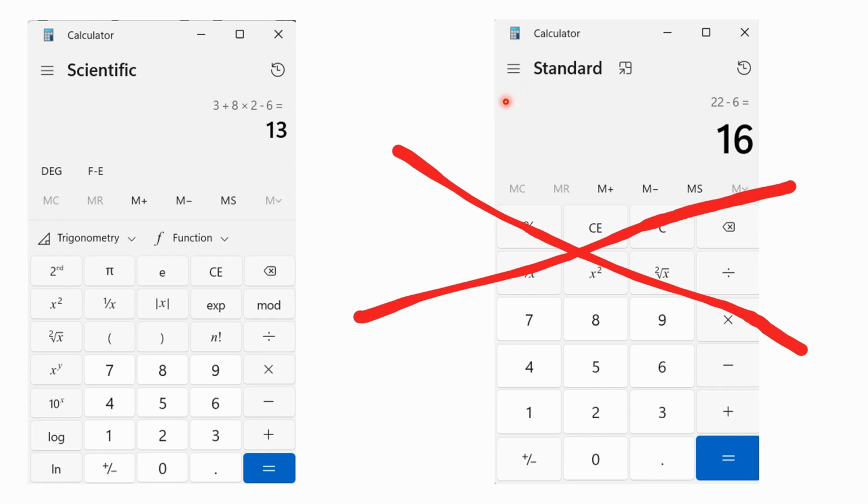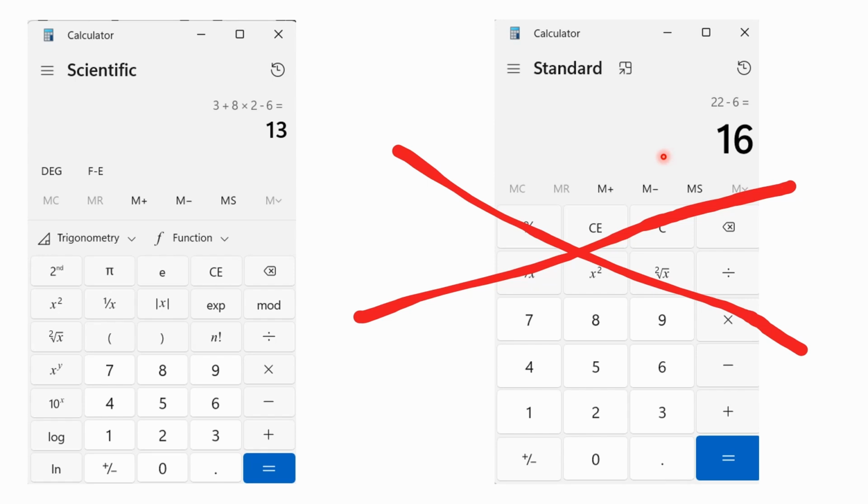So it's basically like typing 3 plus 8 equals. Well, 3 plus 8 equals 11, right? And then it would take 11 times 2. 11 times 2 is 22. And then it's going to say 22 minus 6 equals, and you can see that right here. It calculated 22 because it's basically immediately executing every operation as you enter it.